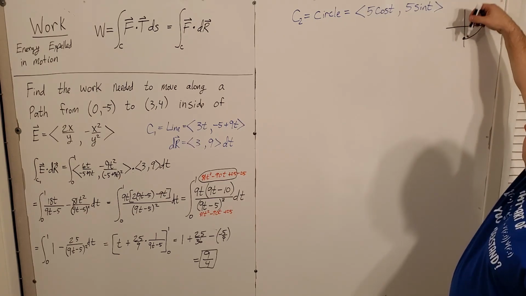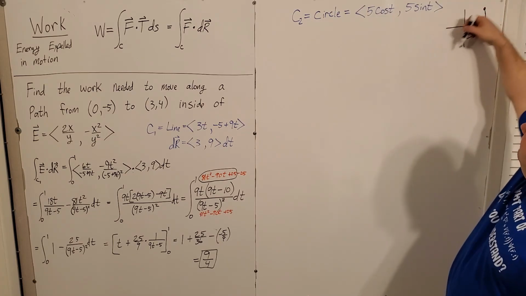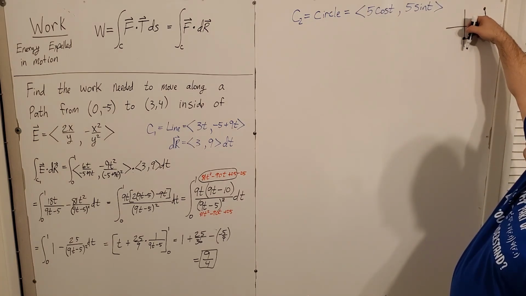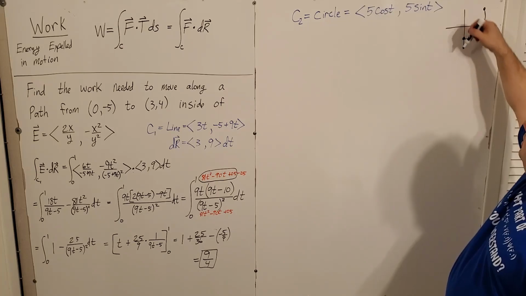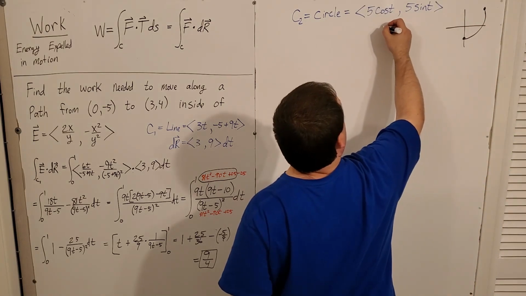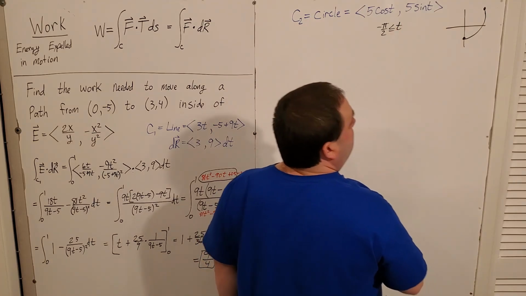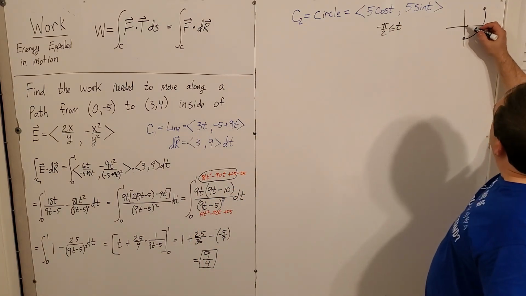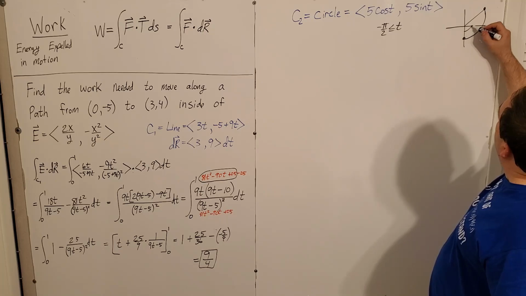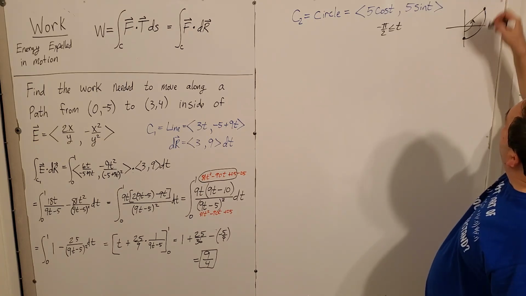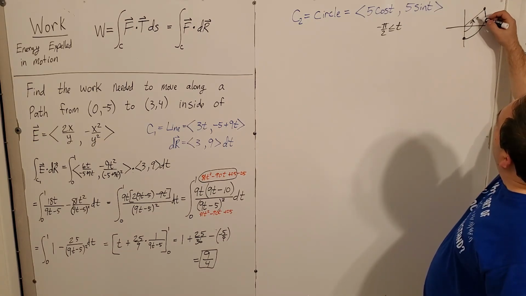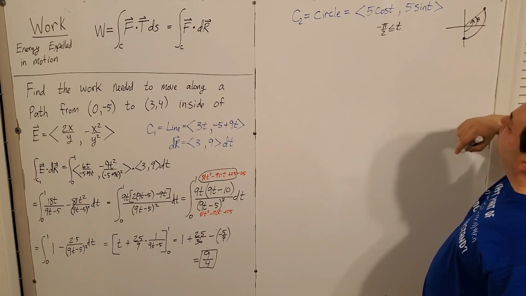right? Now, of course, the t value, when it's pointing down like this, right, it's like an angle. That means it's going to be negative pi over 2 is where t would start. And then, of course, it's going to have to rotate from here to here, up to where the 3/4 is, to whatever angle the 3/4 causes.